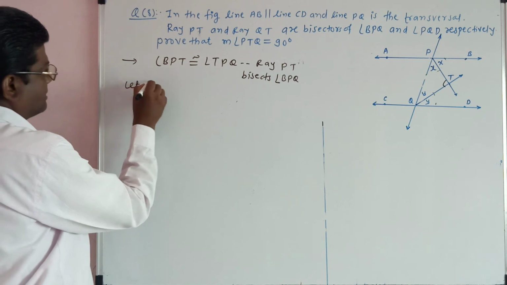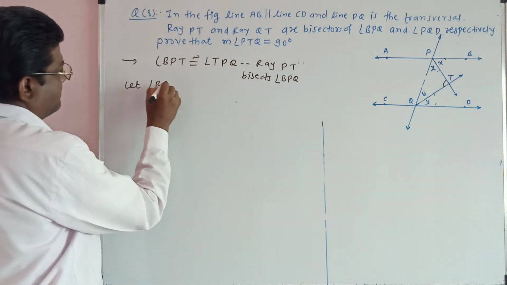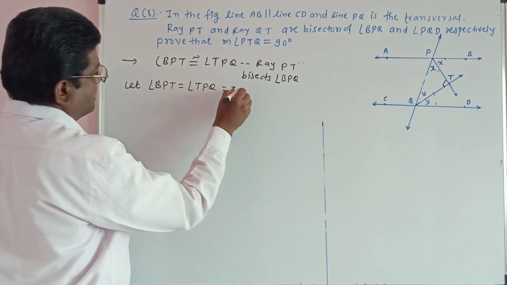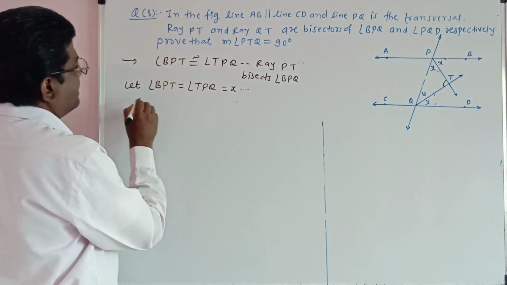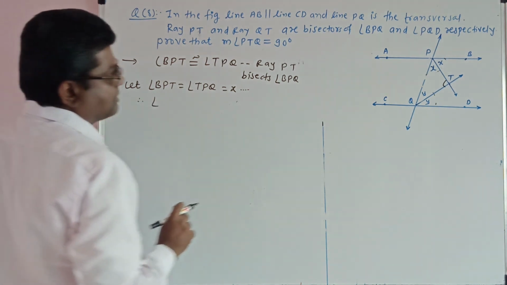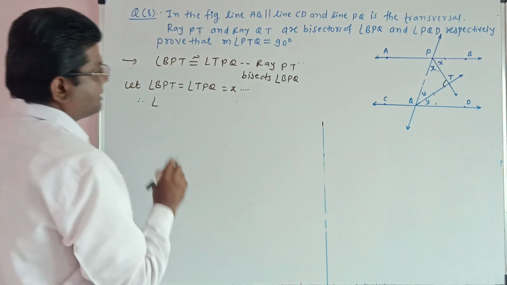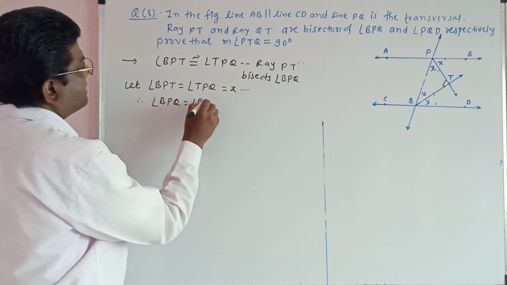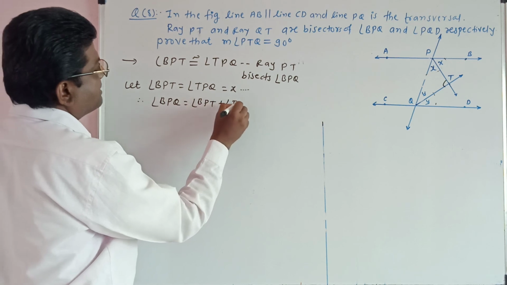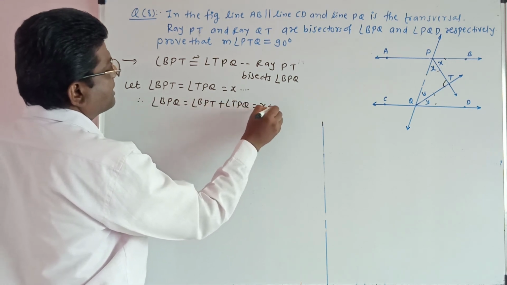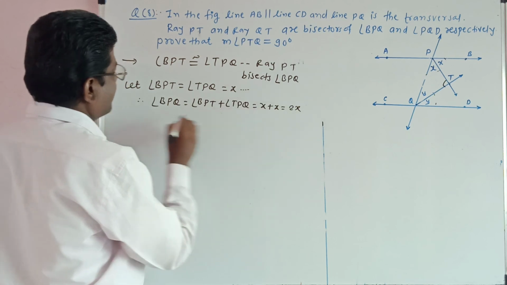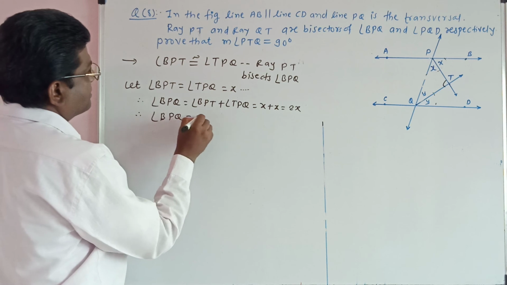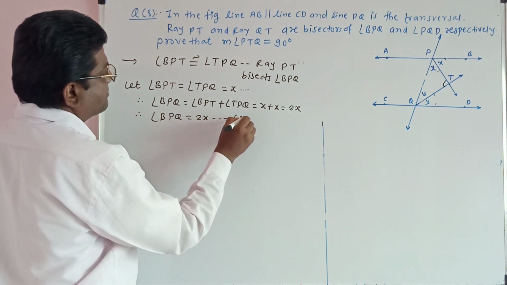Now let angle BPT equal angle TPQ equal x. Therefore angle BPQ is equal to angle BPT plus angle TPQ, which is x plus x, equal to 2x. Therefore angle BPQ is equal to 2x. This is equation number 1.